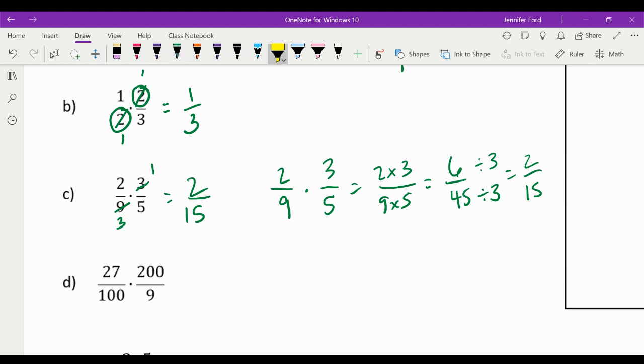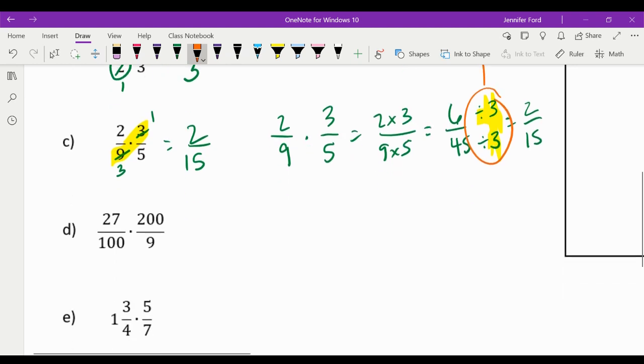And you notice, I can divide by 3 here, or I can divide by 3 here. It doesn't matter. I'm doing exactly the same thing, whether I do it before or later. And the reason it doesn't matter is because 3 divided by 3 equals 1. This equals 1. So 1 times or 1 divided by anything doesn't change its value. That's why this always works. You can do it in more than one way.